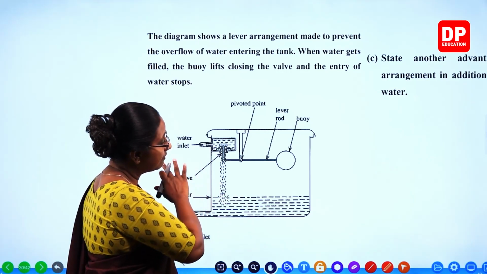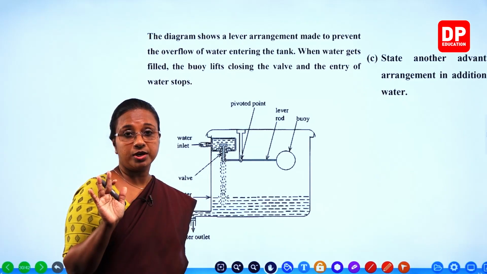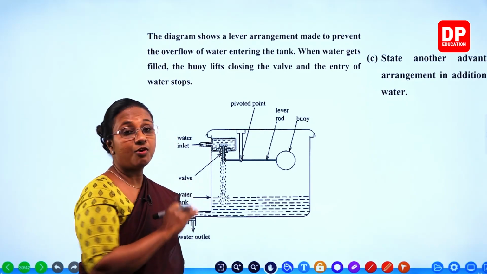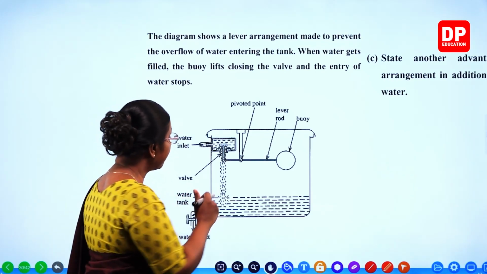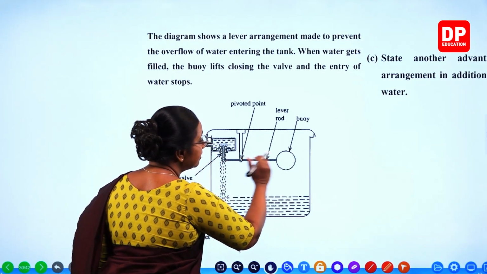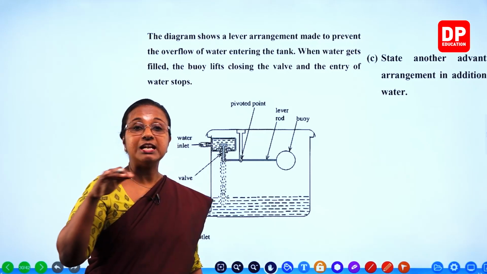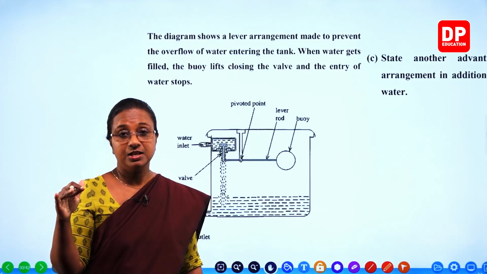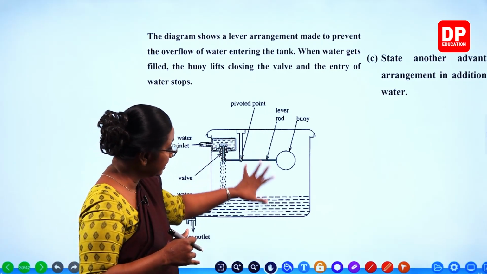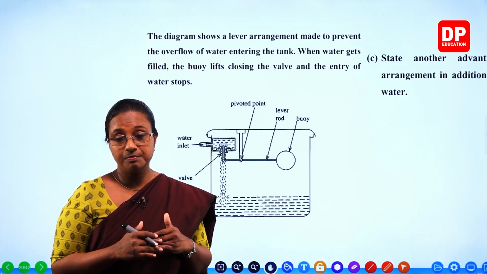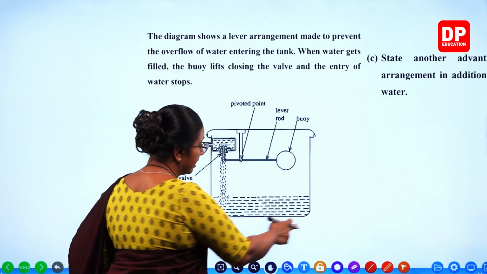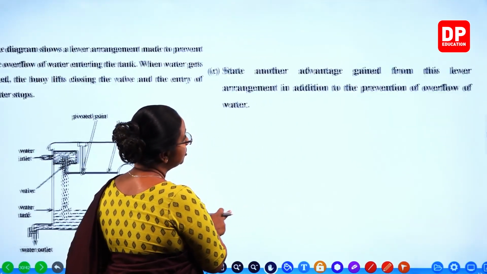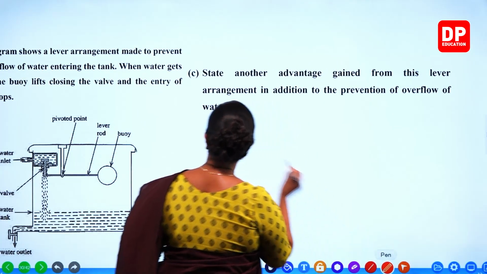So that means there will be no overflow of water. In addition to that, they want you to write the advantage. What is the advantage? There will be always a certain amount of water. The water level will be maintained. So the weight of water inside this tank will be a maximum value. It will not go above that. So that is one advantage you can write here.